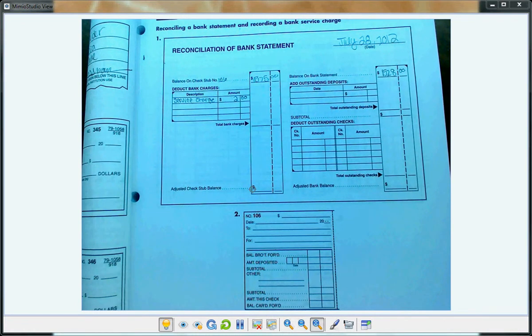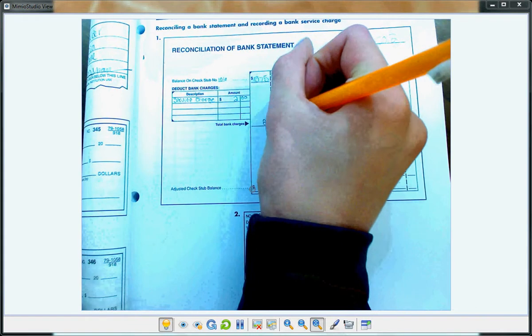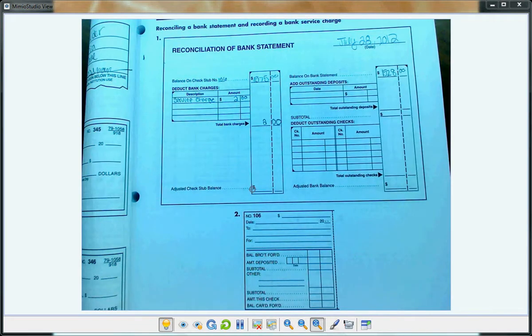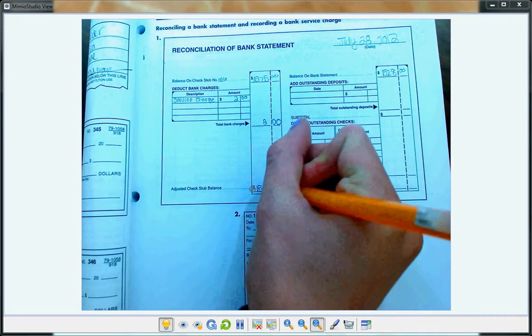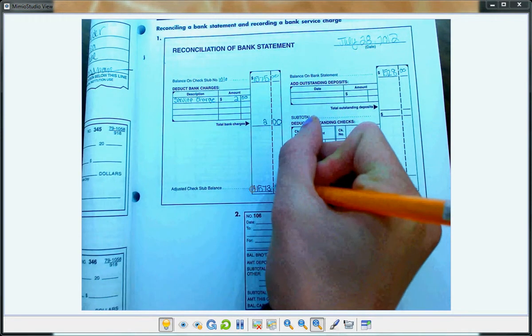So then on that next arrow where it says total bank charges, just write $2. So are we going to add or subtract this? Okay, subtract. So then our adjusted check stub balance is $1,573.